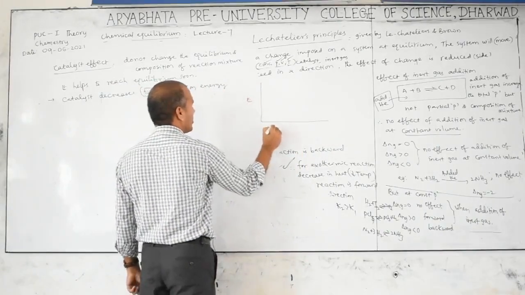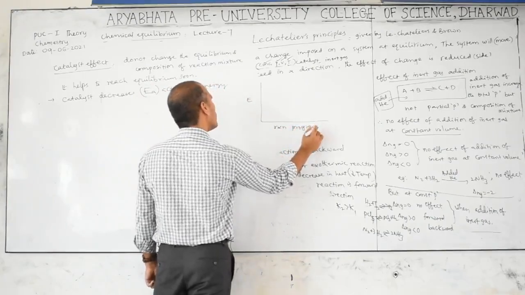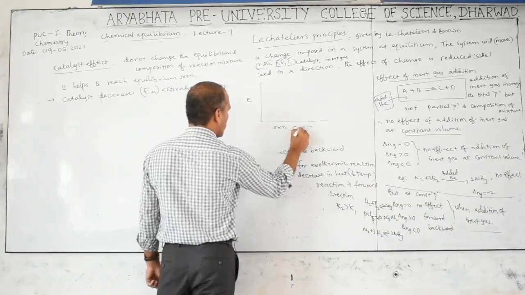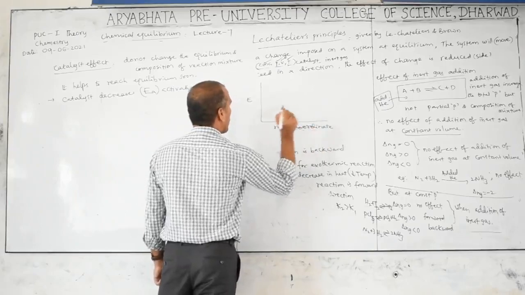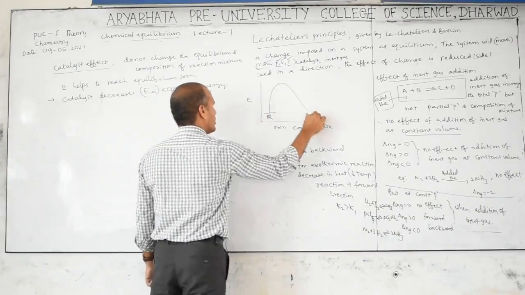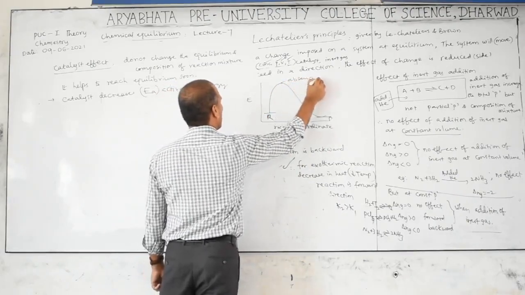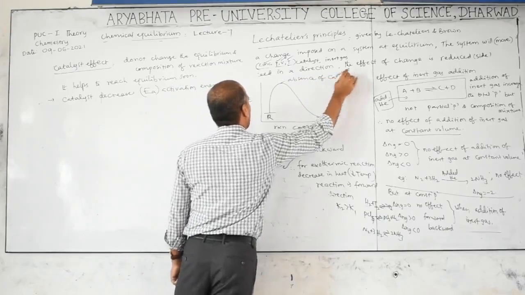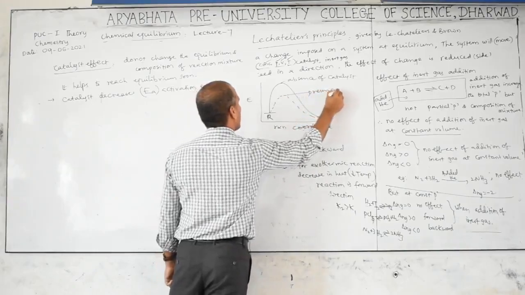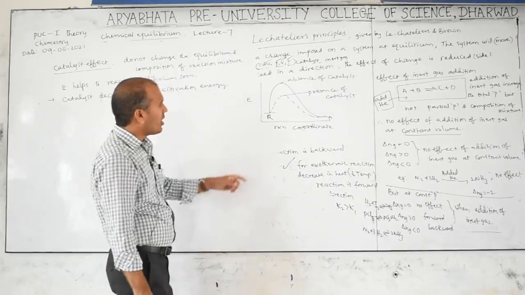This is energy, this is reaction progress or reaction coordinate. Now this is the reactant and this is the product. This is in absence of catalyst. This is presence of catalyst. Now what happened here?